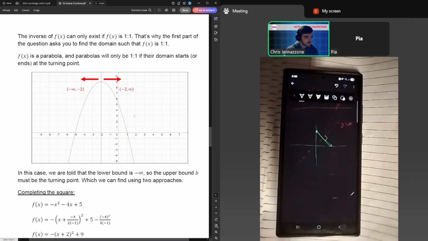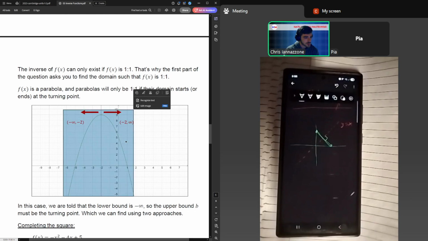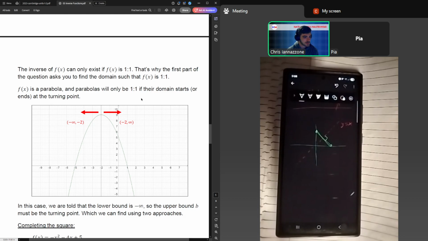Yeah, that's a good idea. So we've got this quadratic here. Based on what you're looking at, how much do you cut off? Half of it. As in, split it down the middle?